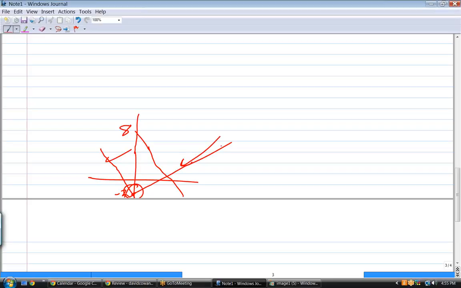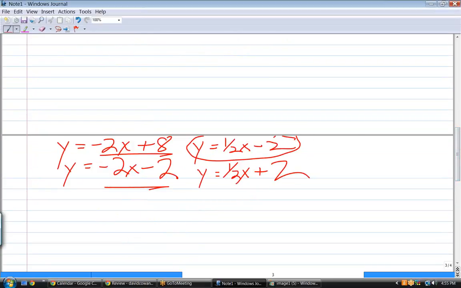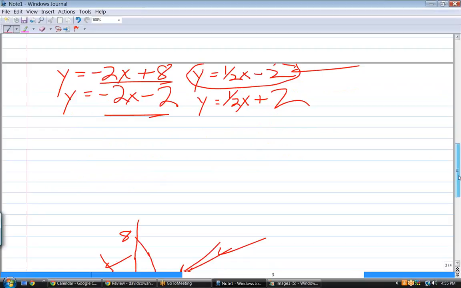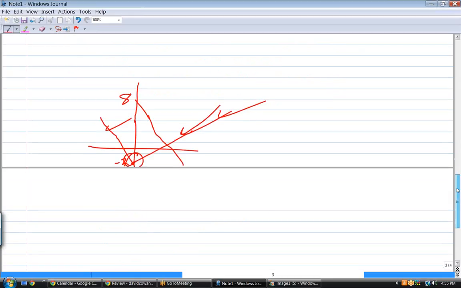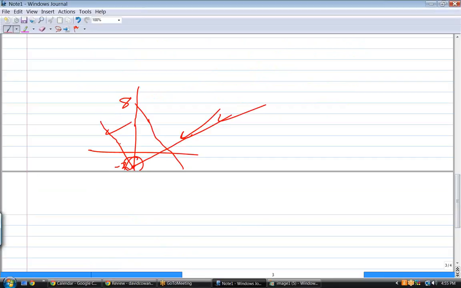So that tells me that this line here is that top equation. Okay, so now the only equation left that we're not sure of is that one. Well, I know it's above it, and I know it goes through that point right there. And that's the final picture.